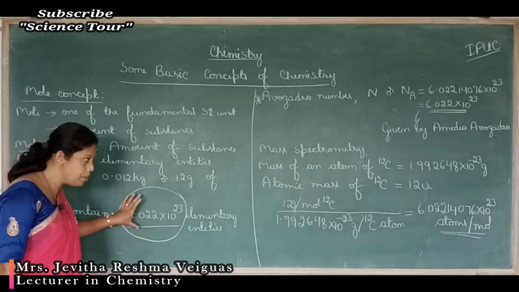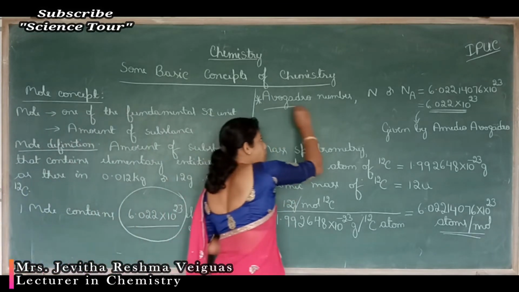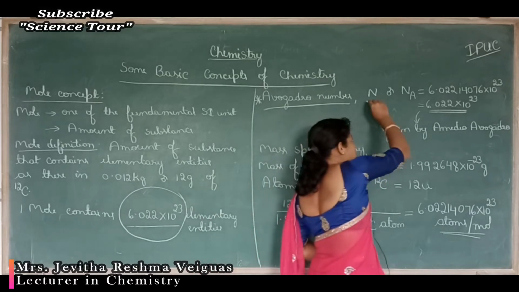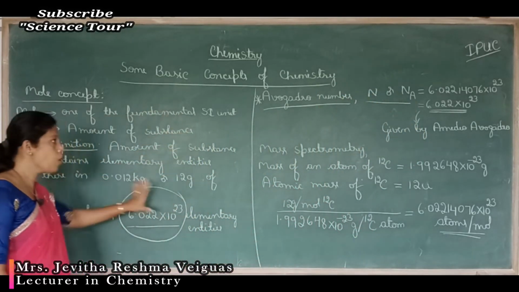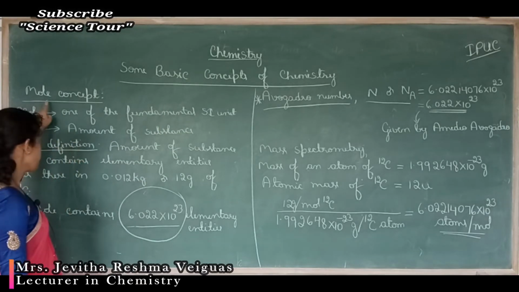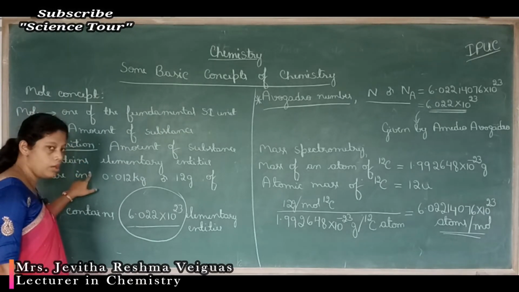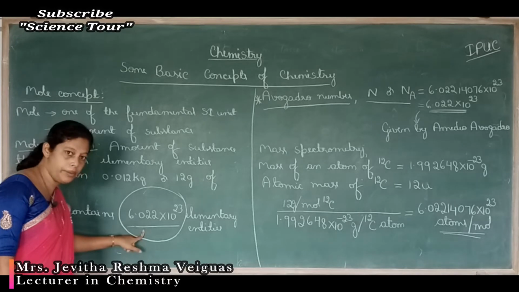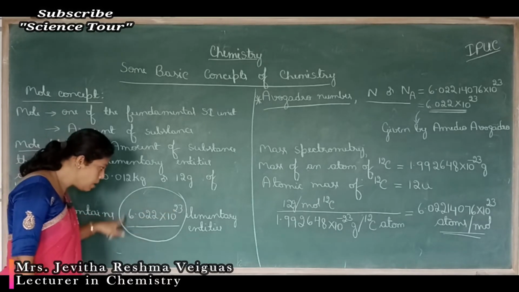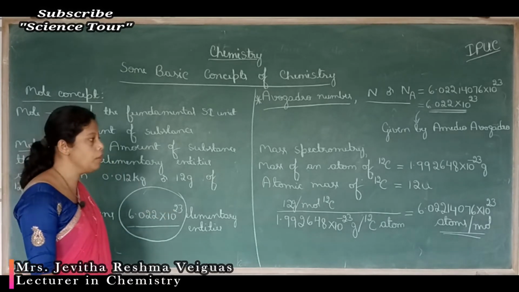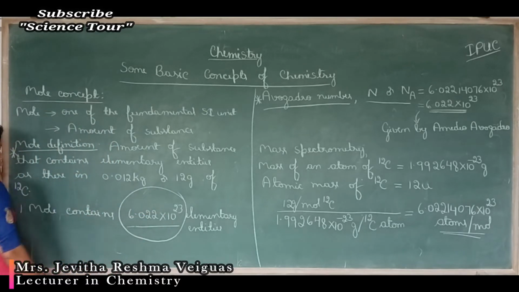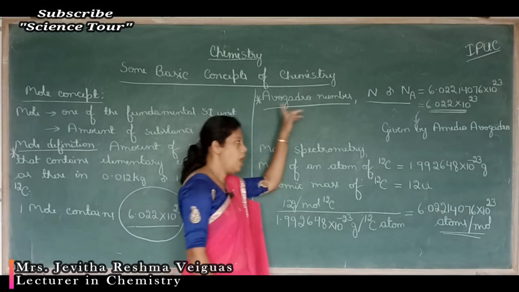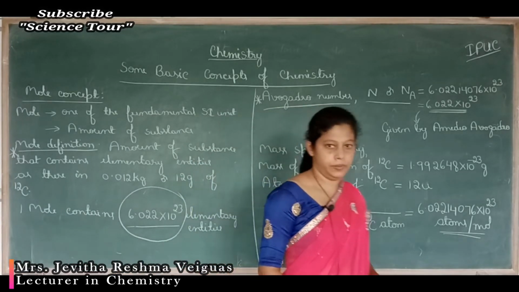This number is nothing but Avogadro number, indicated by N or Na. So in mole concept, remember the definition of mole, how many elementary entities 1 mole contains, and that this number is Avogadro number.